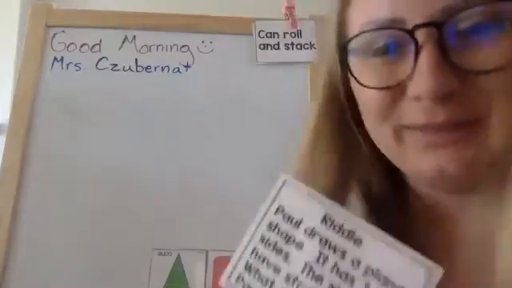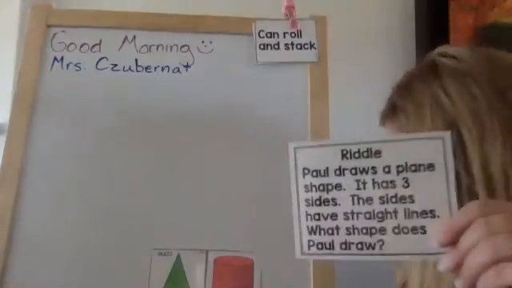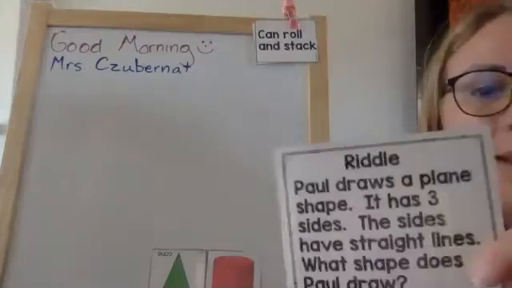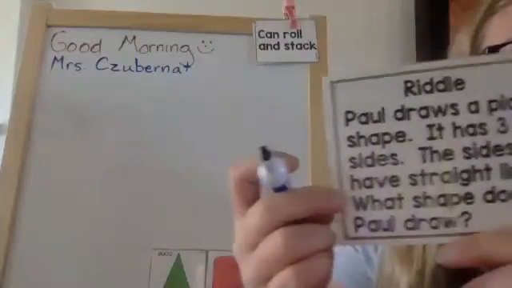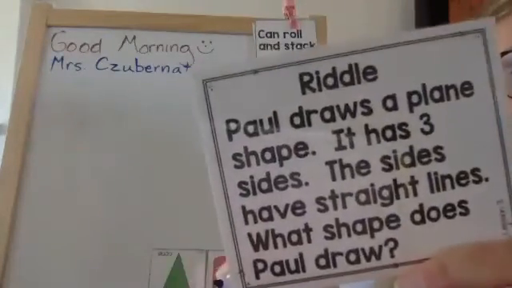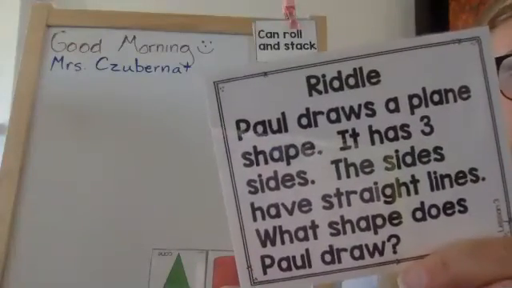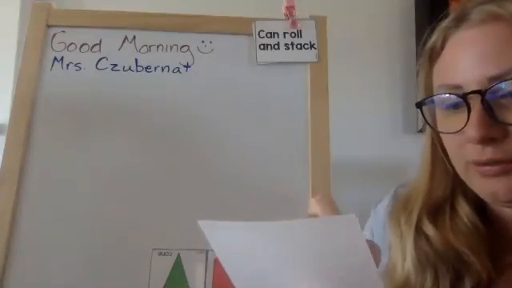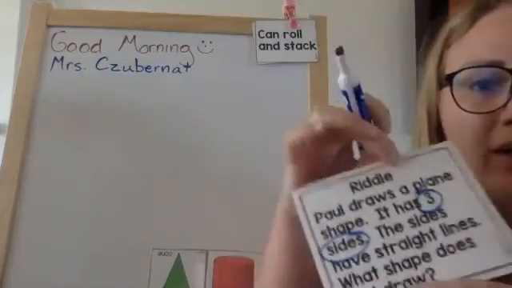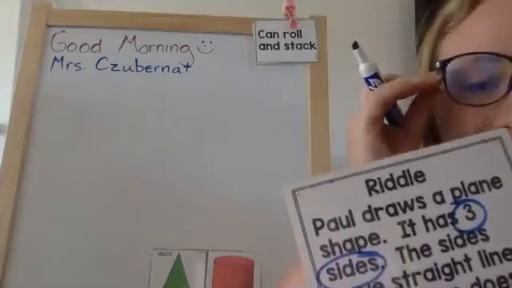Very good. Thank you so much for reading. So I'm going to circle the clues. What clues do you see in our riddle? It has three sides. So I'm going to circle three sides. If you had a highlighter, you would highlight this.